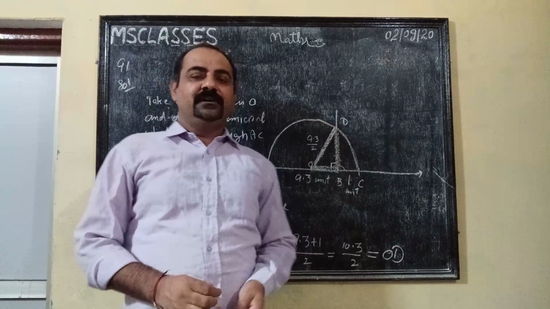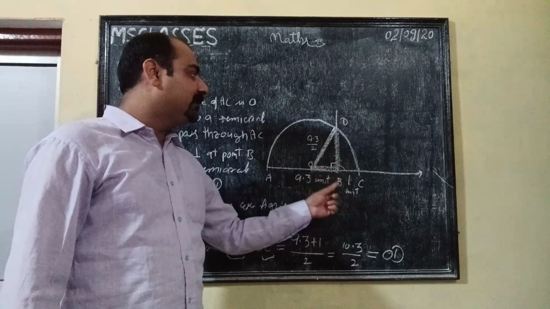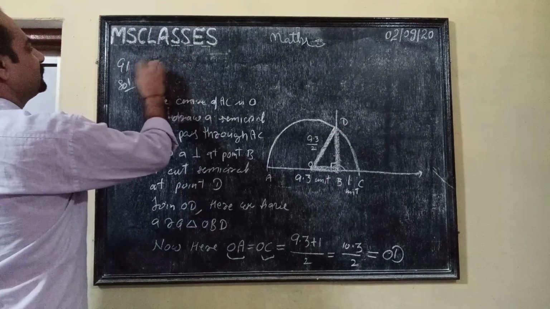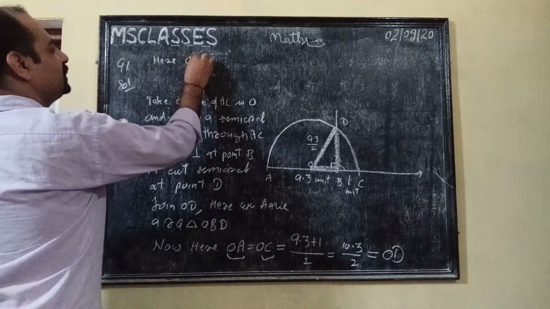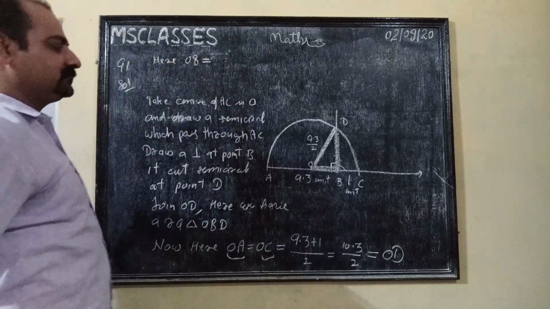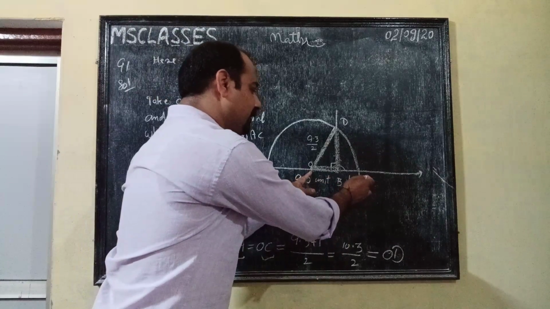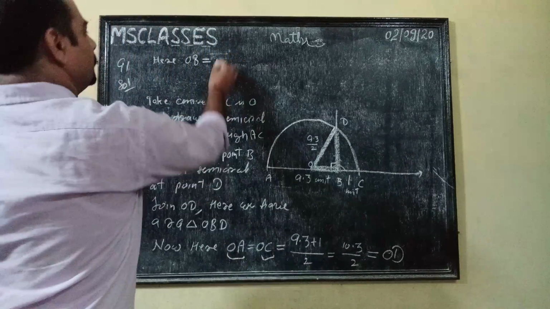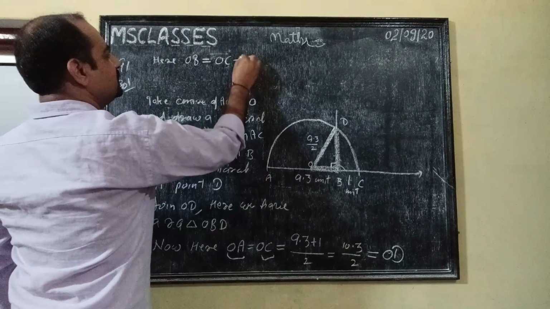Now we will calculate OB in triangle OBD. Here OB is equal to OC minus BC.